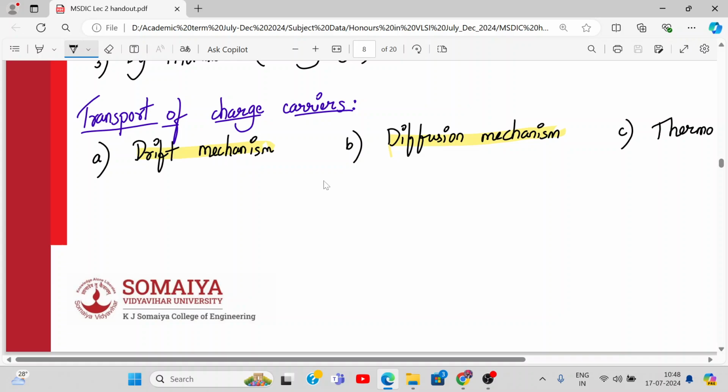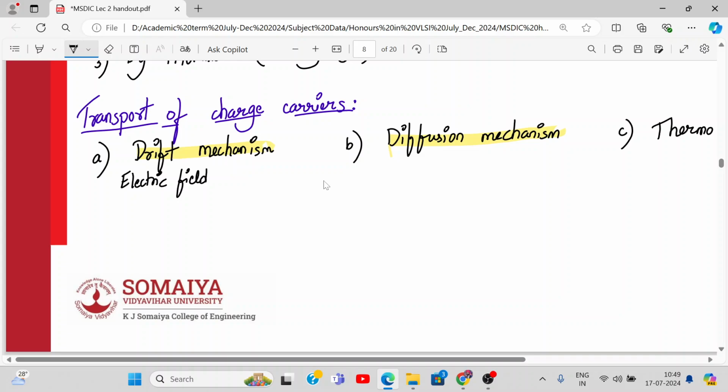This kind of transport is called drift transport. So whenever an electric field is applied to the semiconductor material, the carriers travel via the drift phenomena. Or else we can say, in a drift mechanism, the transport of charge carriers is because of potential gradient.